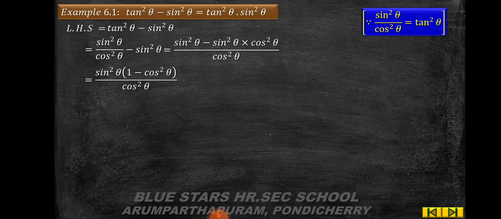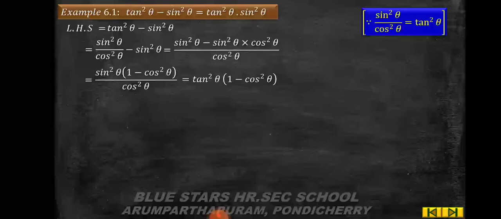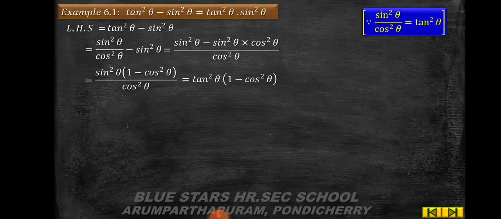The first term you get 1, minus the second term you get cos square theta, divided by cos square theta, which is equal to tan square theta into 1 minus cos square theta, because we are separating the denominator: sin square theta by cos square theta will become tan square theta, and into 1 minus cos square theta.